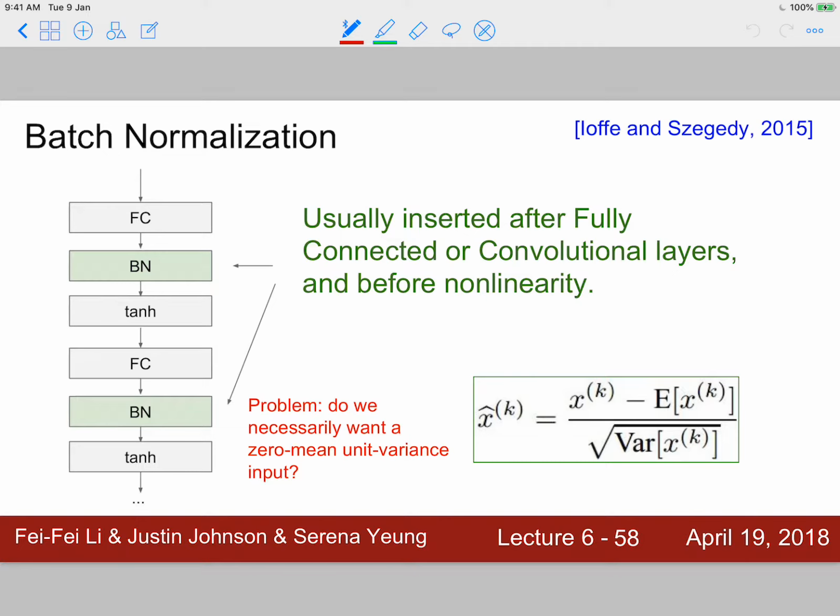Each different mini batch will have a slightly different mean and variance, right? So in the first step of batch normalization, we are using different values to normalize our data.